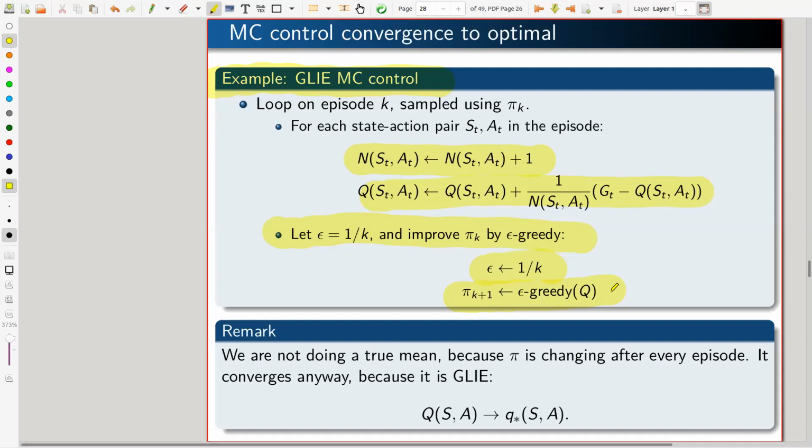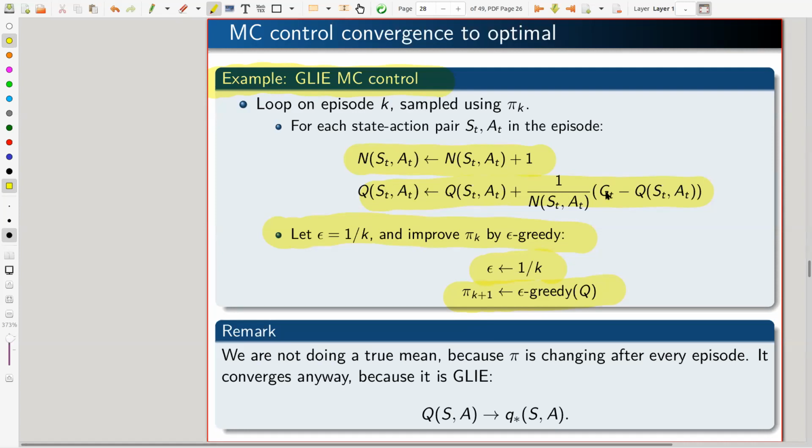In my last sentence, there was a mistake. I don't know if you got it. Which was the mistake? I told you in this line, I'm doing the empirical mean of the returns of the episodes.